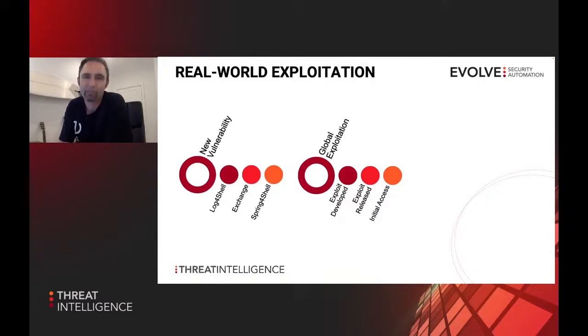It can also be developed by security researchers or hackers who develop the exploit and release it, and that becomes open in the public.